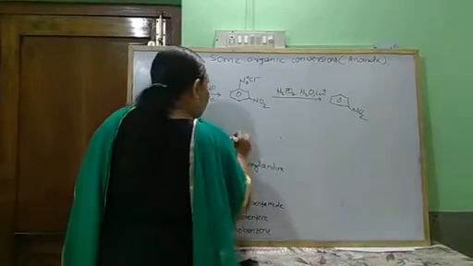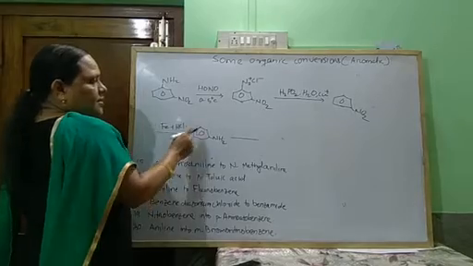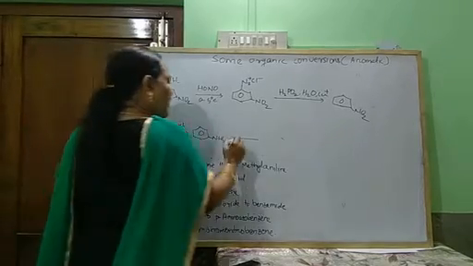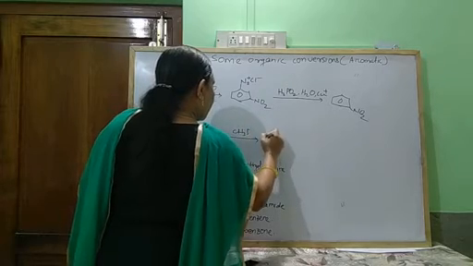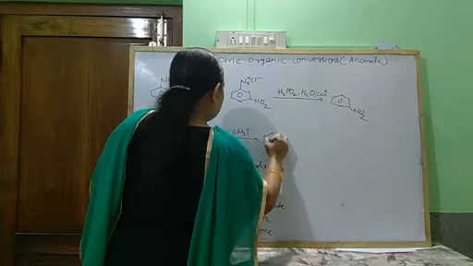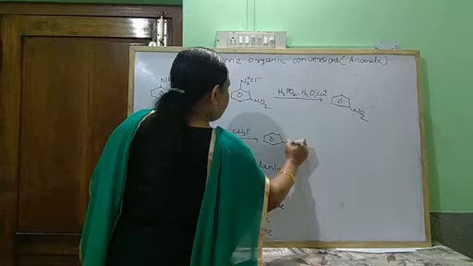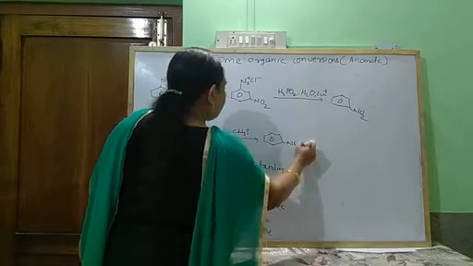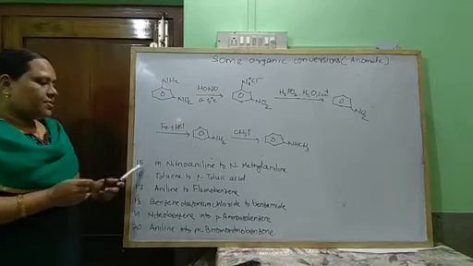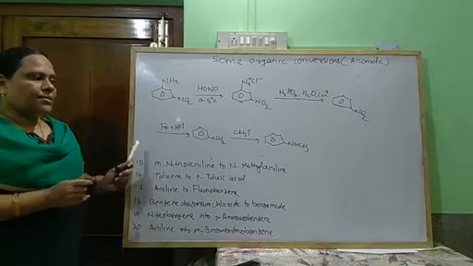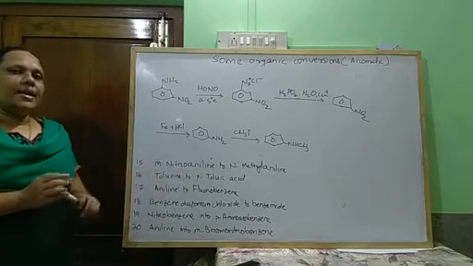And this aniline when treated with methyl iodide, it forms N-methyl aniline. So meta-nitroaniline to N-methyl aniline.